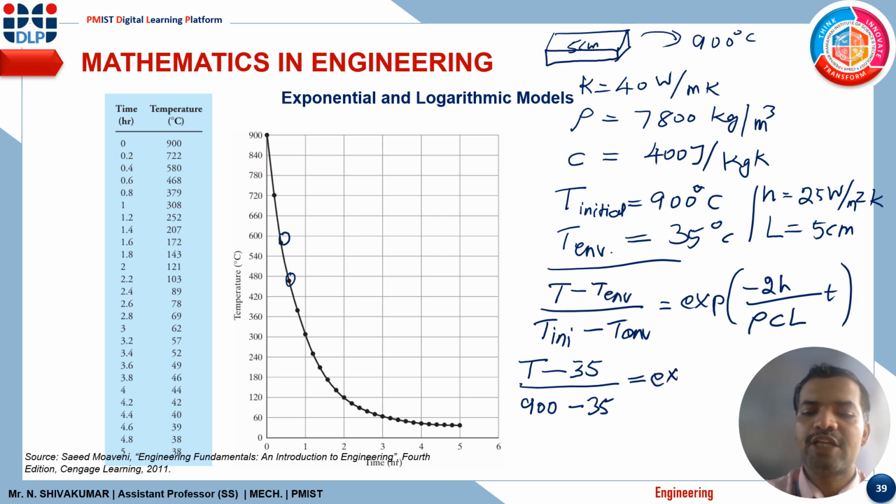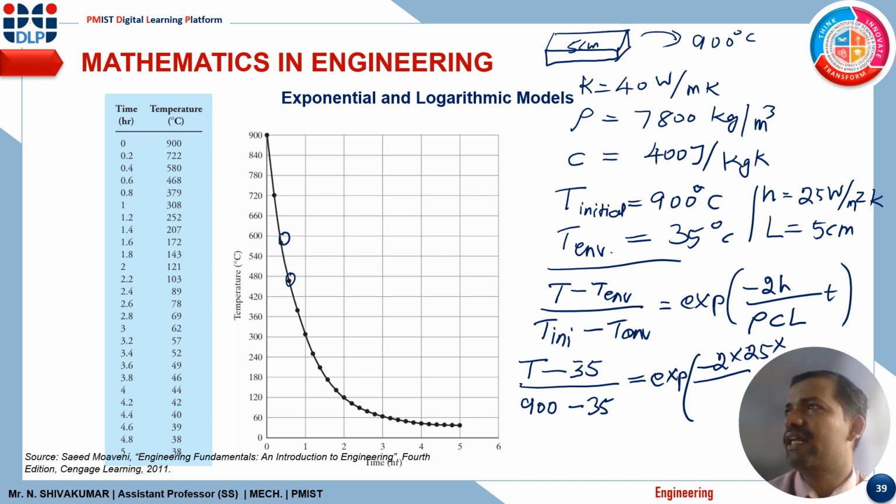Equal to exponential of minus 2h. What is h? Minus 2 into h, 25, divided by, into t. What is t? Time. Initially the first value is 0, next value is 0.2, third value is 0.4.